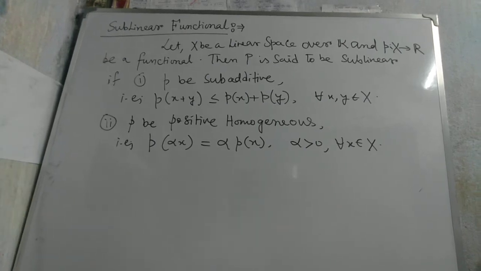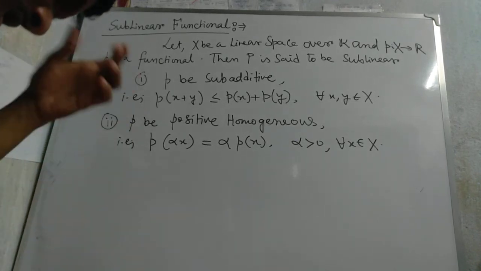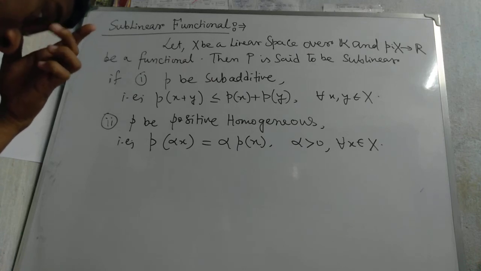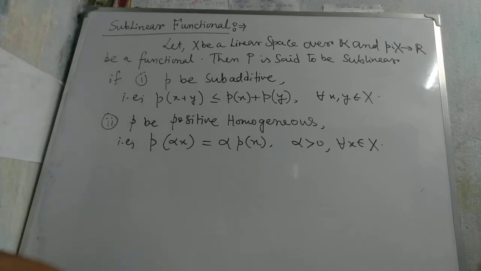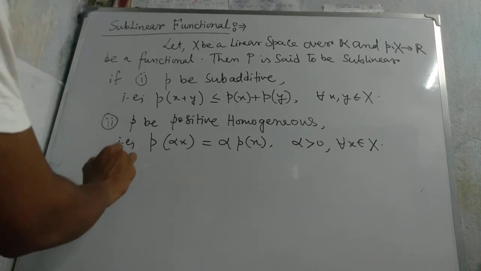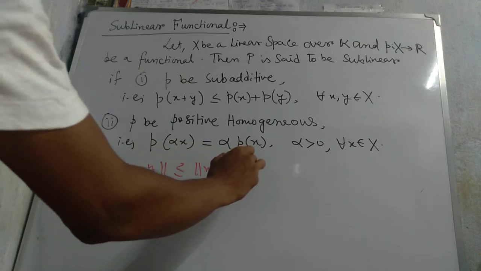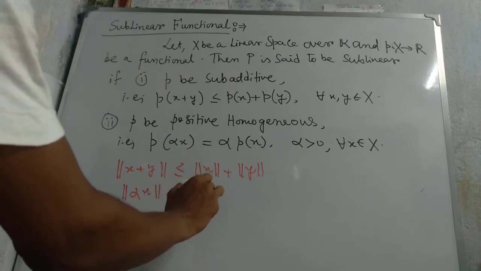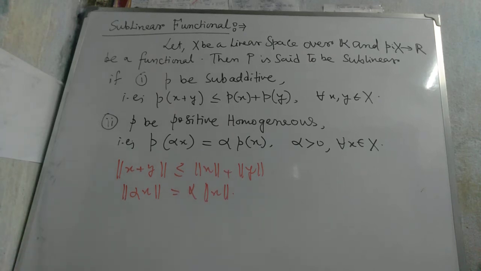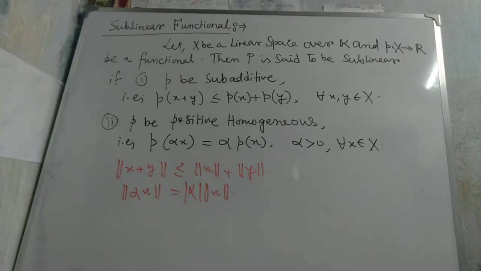Now we go to another portion. In a linear space, every norm is subadditive, because we know that norm of (x plus y) is less than or equal to norm x plus norm y, and norm of (alpha x) equals mod of alpha times norm x.